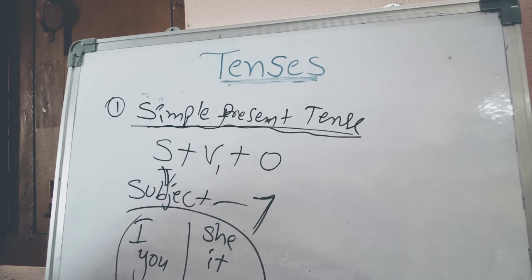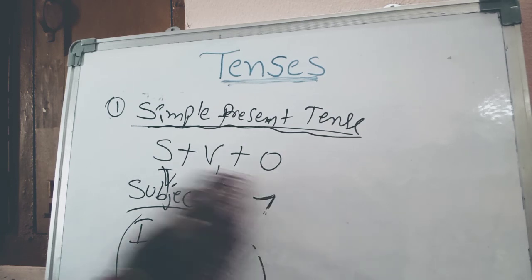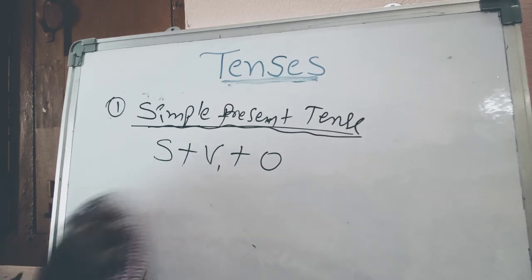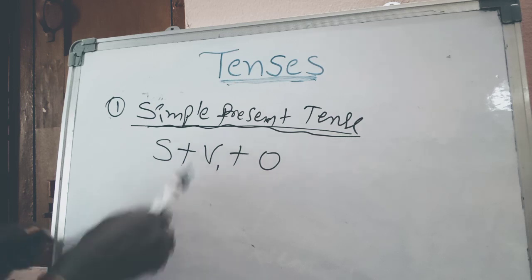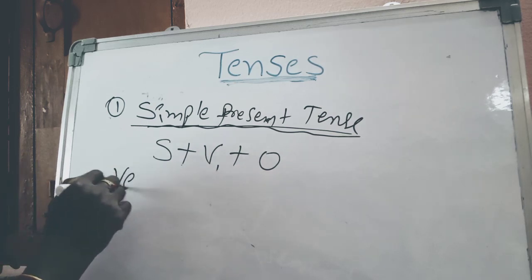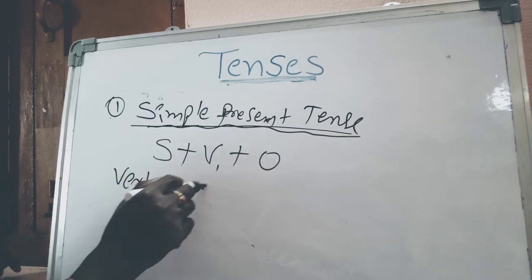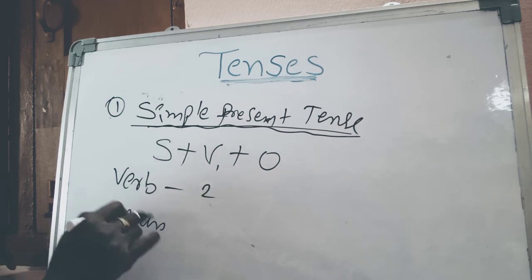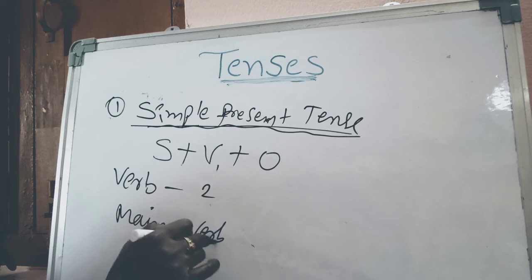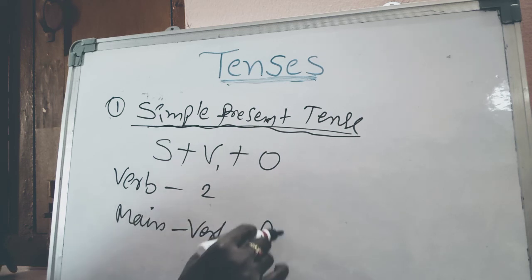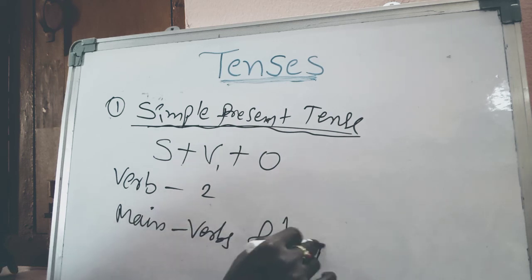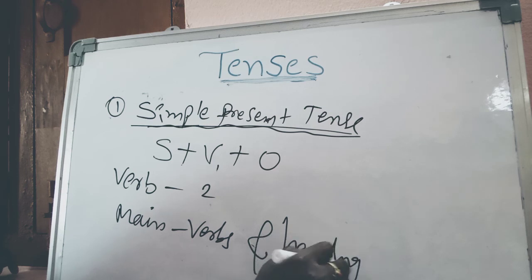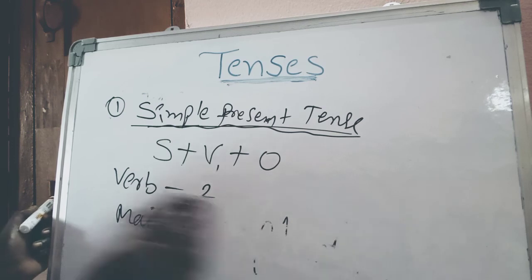V means verb. Verbs are divided into two types: main verbs and helping verbs.